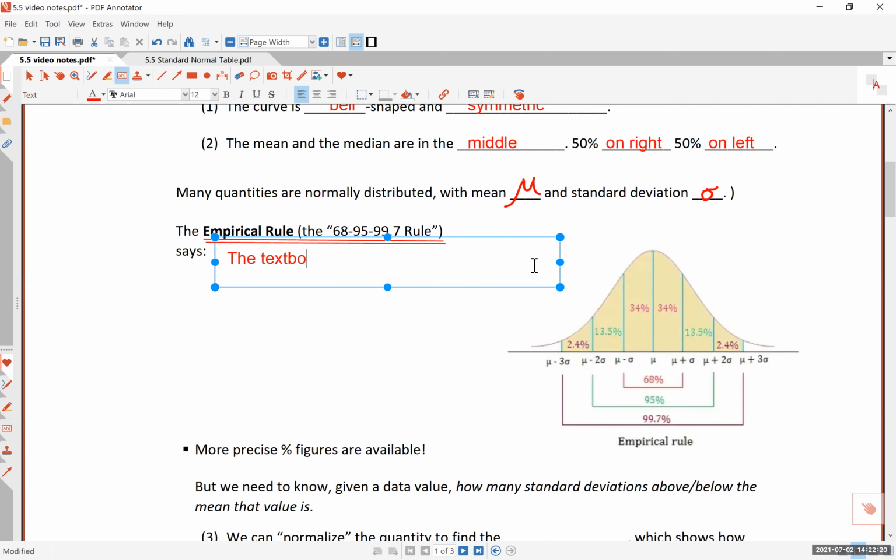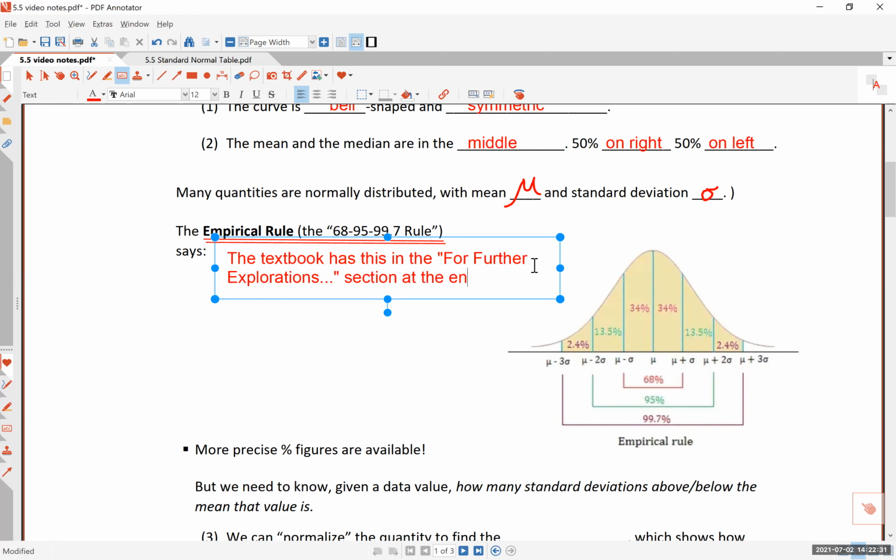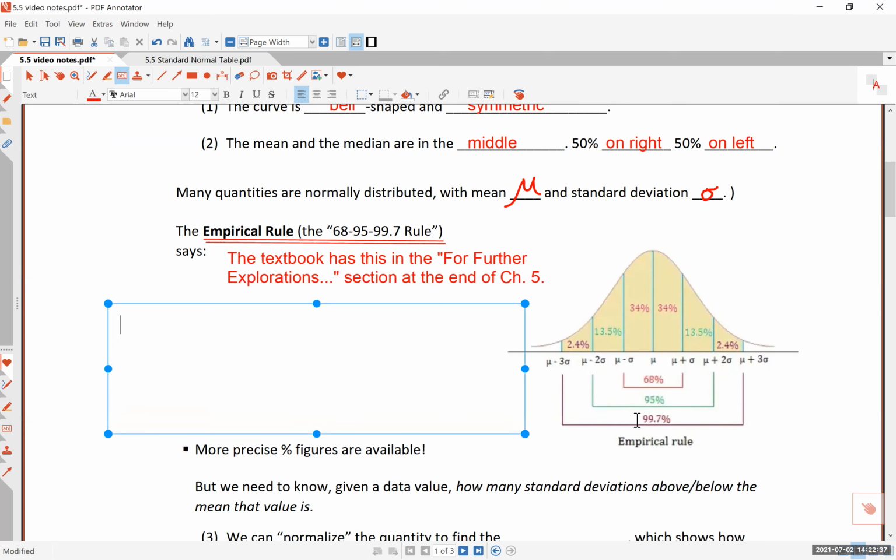The textbook has this in the "For Further Explorations" section, the end of chapter 5. This is what it says: 3 statements. By the way, the mean is right here.